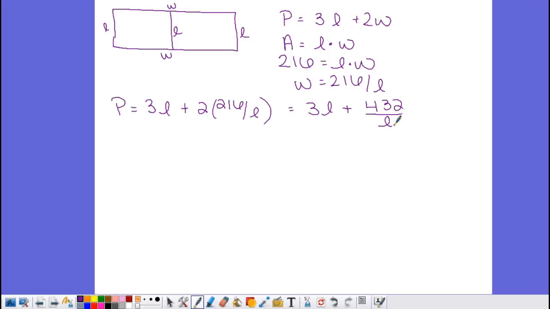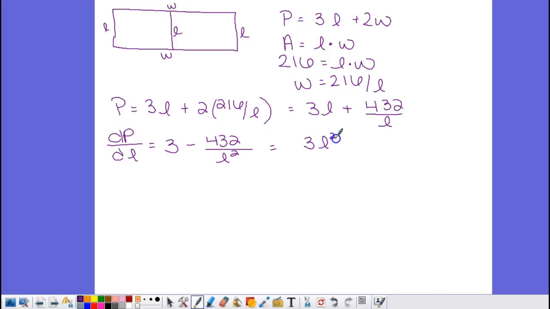If we're trying to minimize or maximize the amount of fencing, we want the derivative. So we're going to find the derivative of perimeter with respect to the length. So 3L becomes 3 minus 432 all over L squared. Create your common denominator.